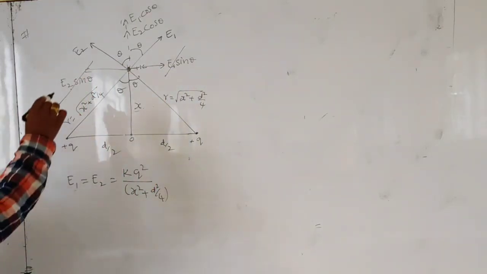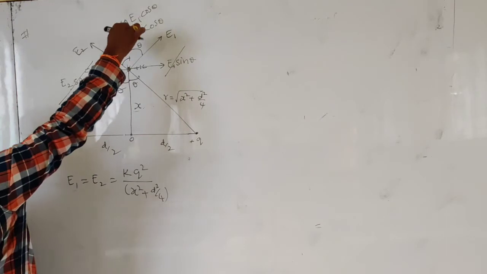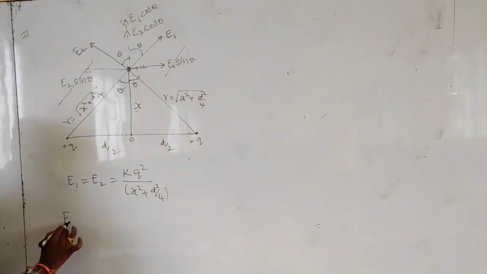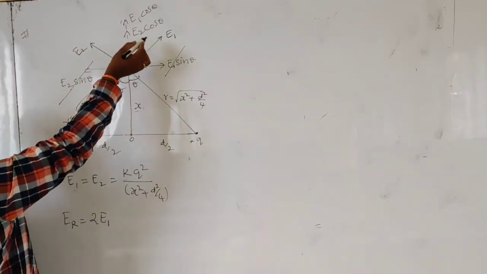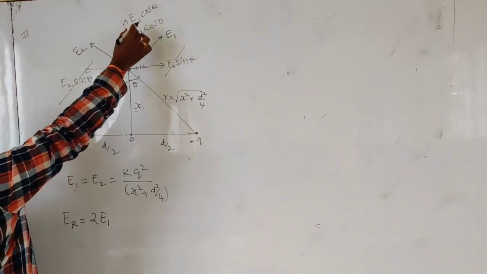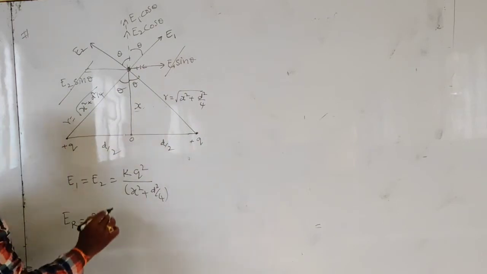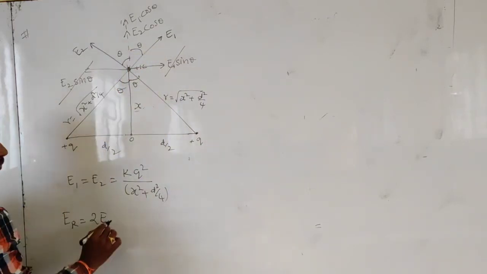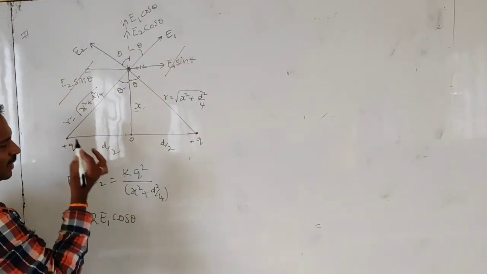Now what is the resultant electric field? Both cos components are acting in the same direction. So the resultant electric field equals E1 cos theta plus E2 cos theta. Both are the same, so 2 times E1 cos theta.